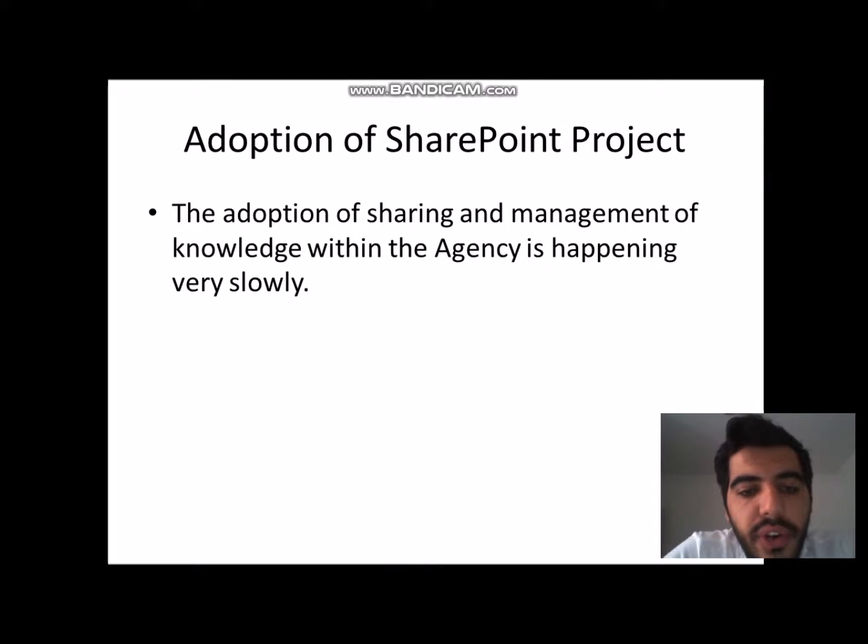The adoption of sharing and management of knowledge within the agency is happening very slowly. There is some lack of enthusiasm, especially in fully adopting the technology, as some project managers do not use it despite the agency requiring such tools to achieve their strategic plan.